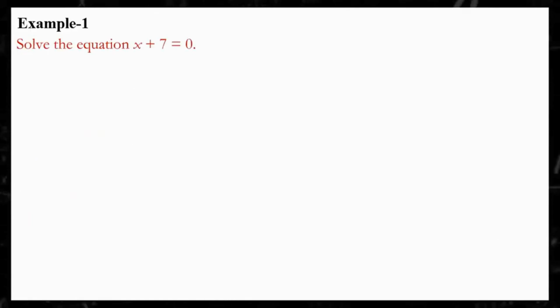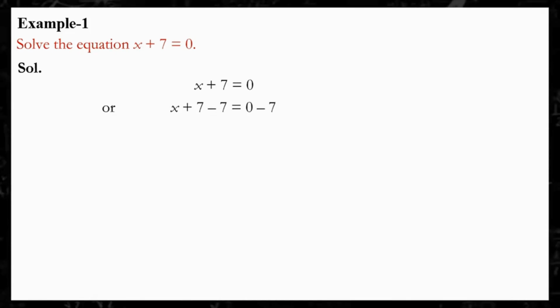Example 1. Solve the equation x plus 7 is equal to 0. Solution: x plus 7 is equal to 0, or x plus 7 minus 7 is equal to 0 minus 7. Subtracting 7 from both sides, x is equal to minus 7.